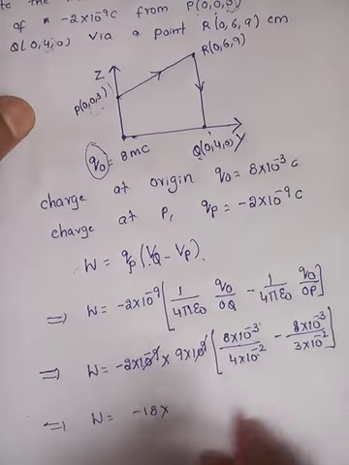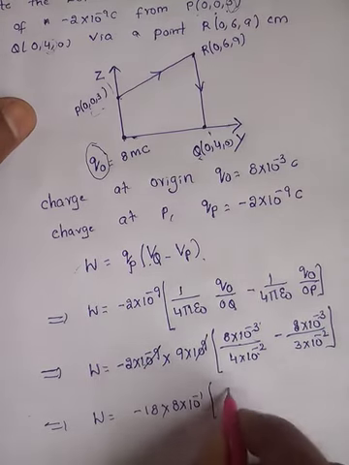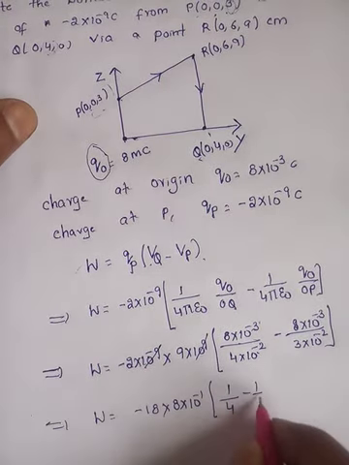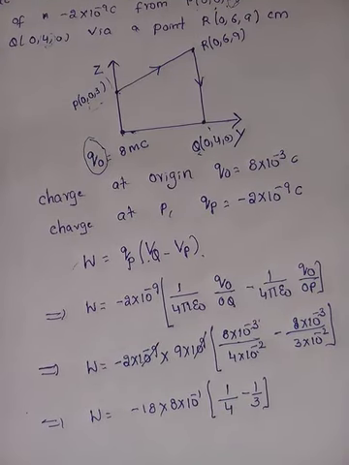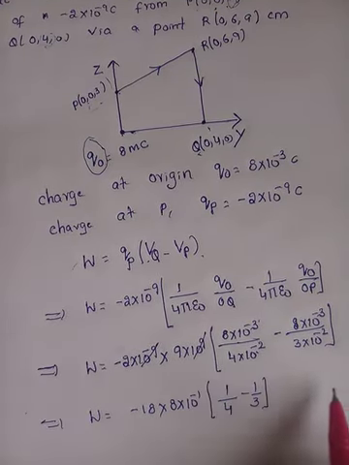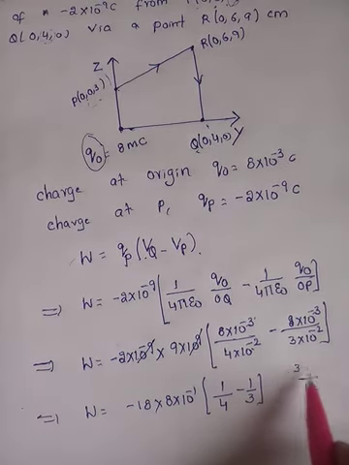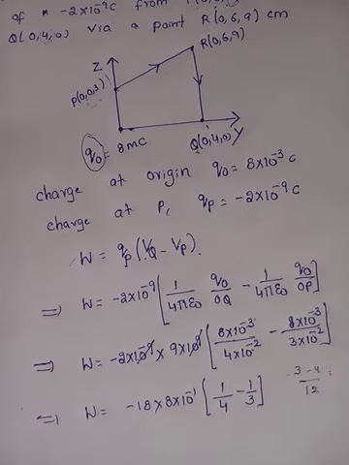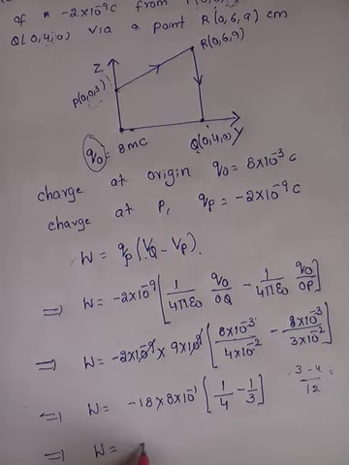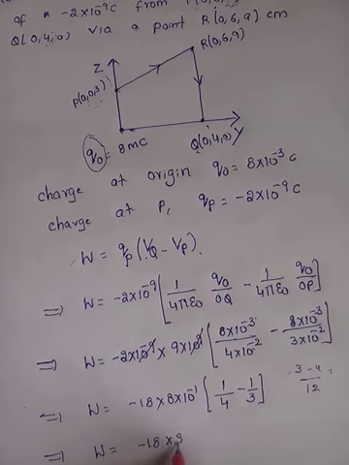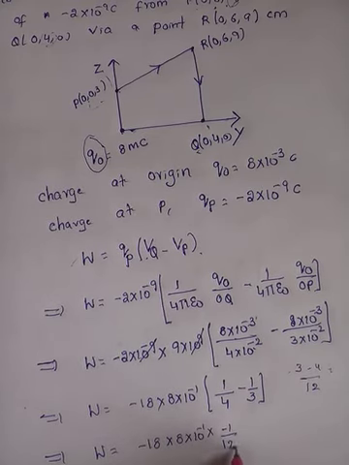Taking the powers together, we get 8 into 10 raised to minus 1. The remaining is 1 by 4 minus 1 by 3. Taking LCM 12, we get 3 minus 4, so minus 1 by 12. So W is equal to minus 18 into 8 into 10 raised to minus 1 into minus 1 by 12.